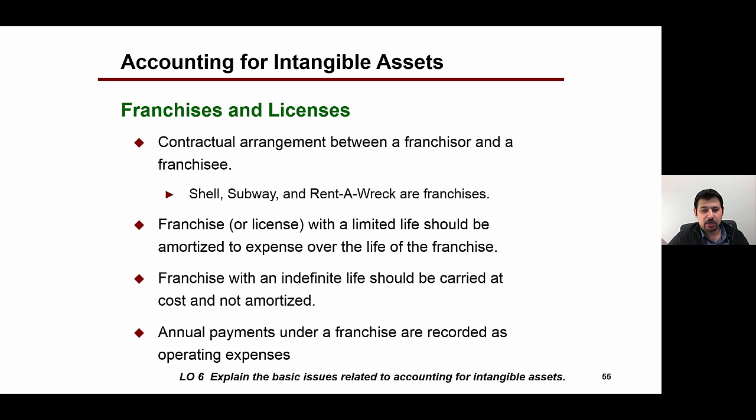Same thing applies to cellular towers, etc. And here, like I said, if it has a limited life, it will be amortized over the life of the franchise. If it has an indefinite life, it will be carried at cost and not amortized.